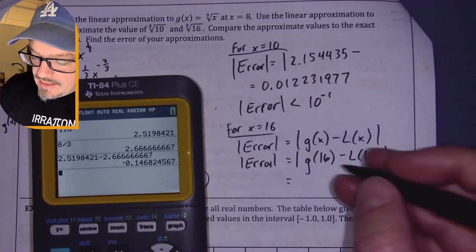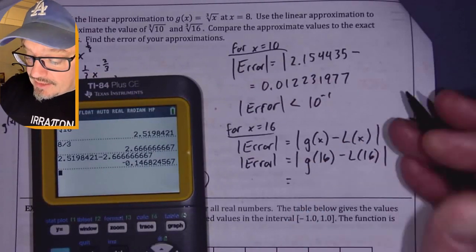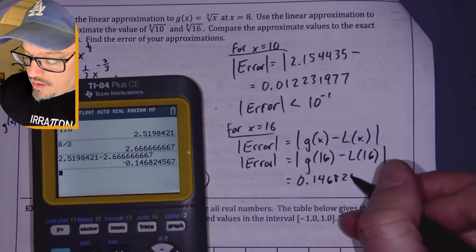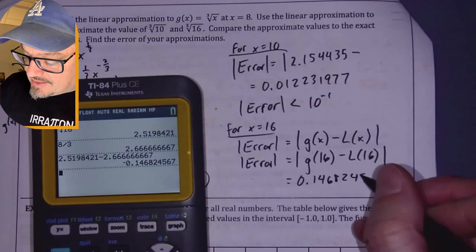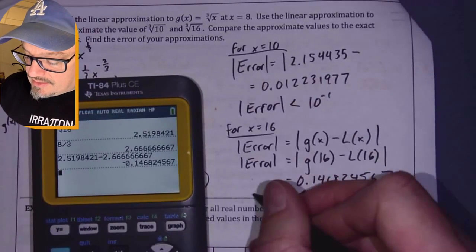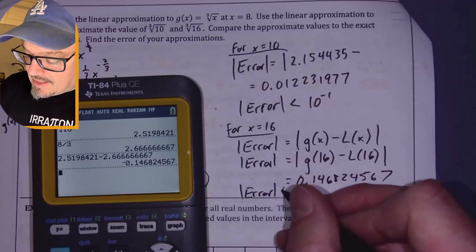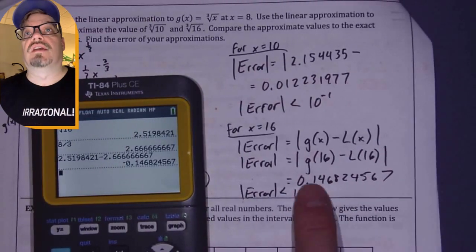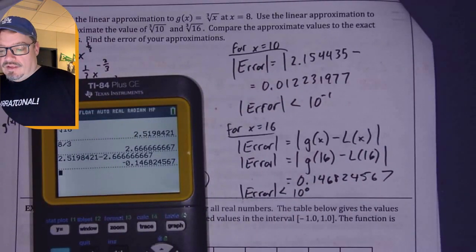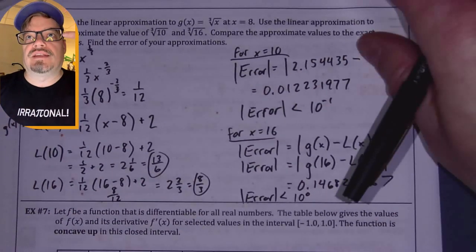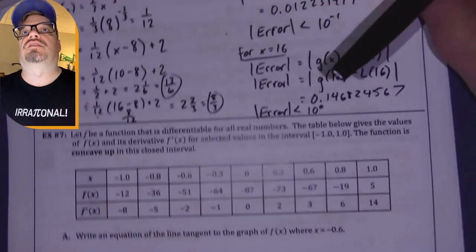Okay, and now we got negative, but we're taking the absolute value, so we got 0.146824567. Okay, but what we want to say is the error is less than 10 to the 0, because there is no 0 there. All right, so pretty cool. And I hope you can visualize actually what would be happening in the graph with something like that.